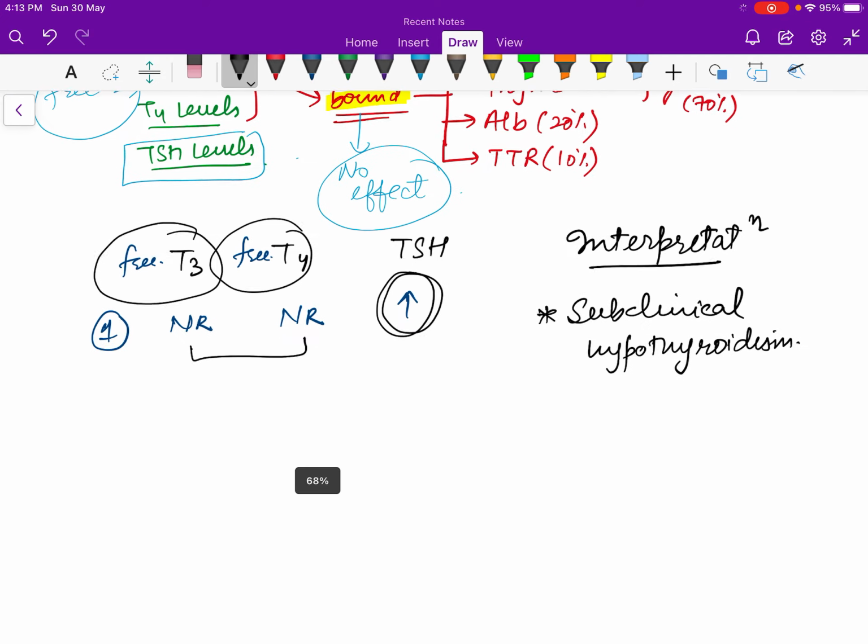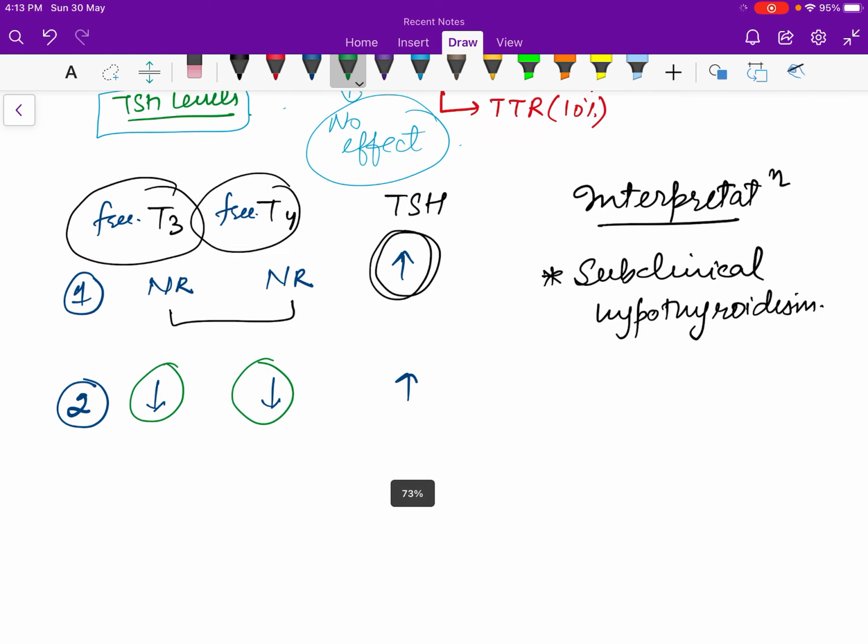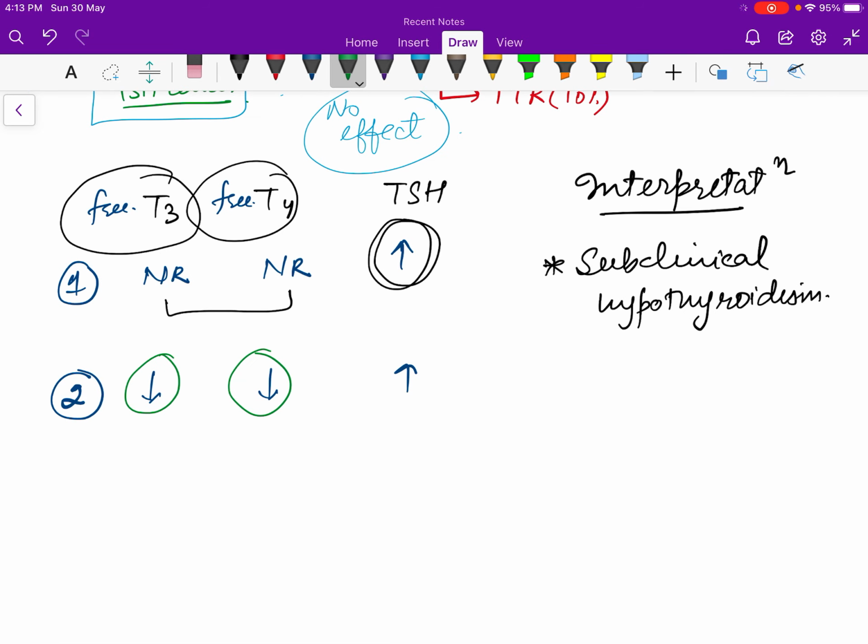Now another case, point number 2: if free T3 levels are less, free T4 levels are also less, and TSH levels are more, that means the person clearly has hypothyroidism. There is less T3, less T4, and because of less feedback inhibition of TSH secretion, there will be more TSH.